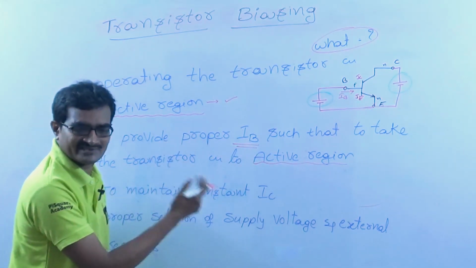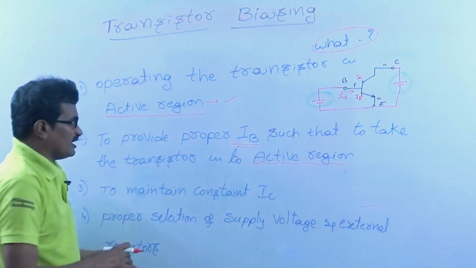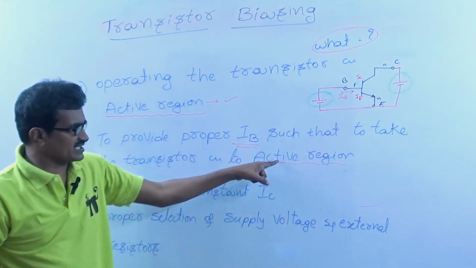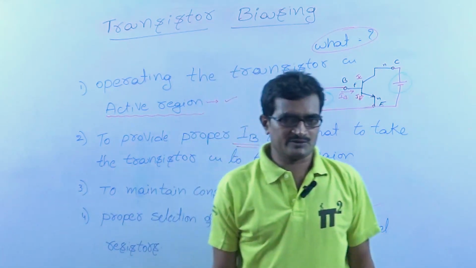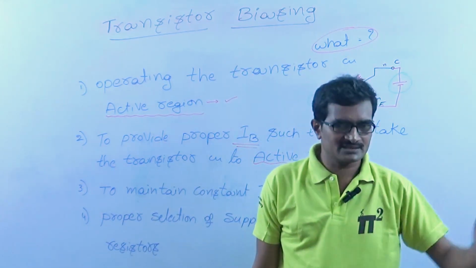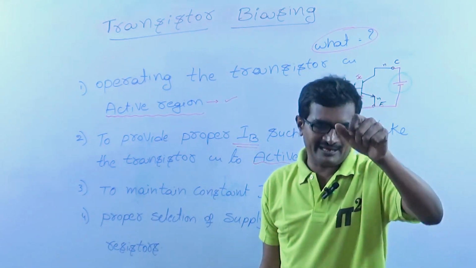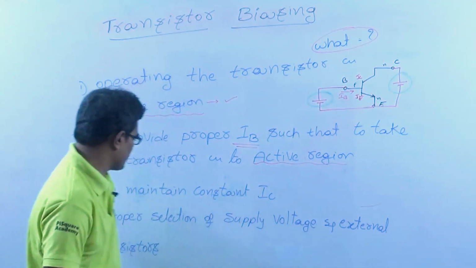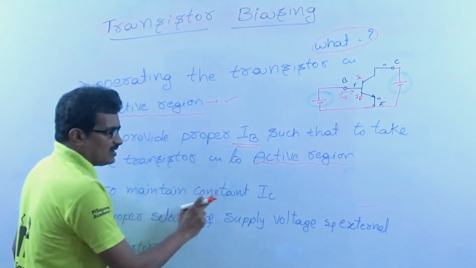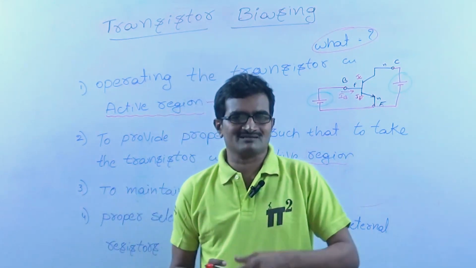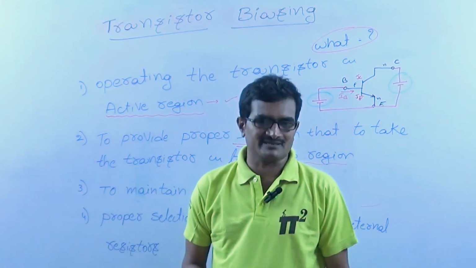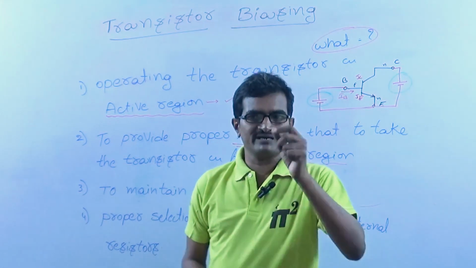I am defining biasing. Next, once IB takes your transistor into active region, it should stay in active region continuously. It cannot come out of that. So for that, to maintain constant collector current is biasing. Why? Because once your transistor has entered active region, it will provide some collector current.